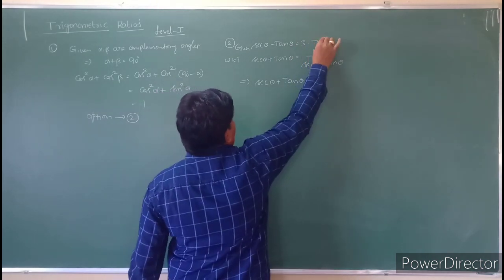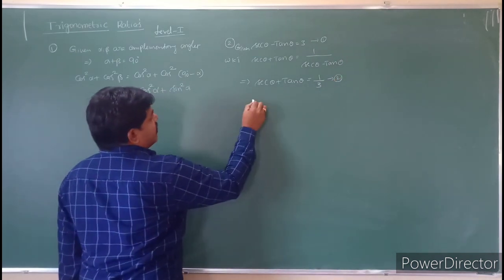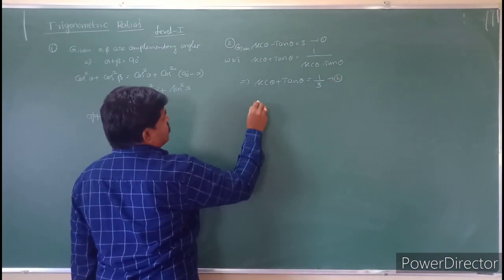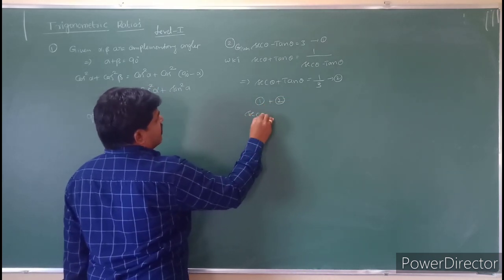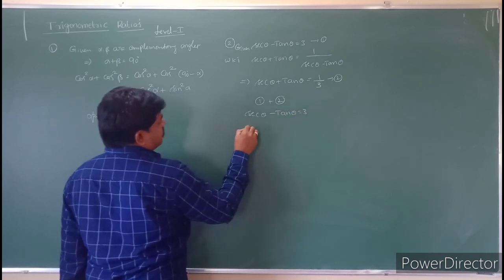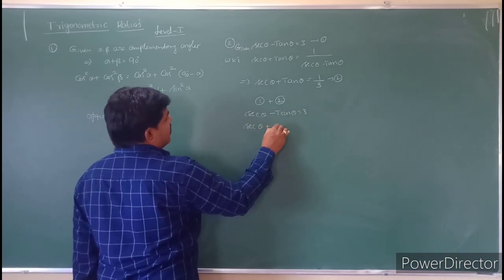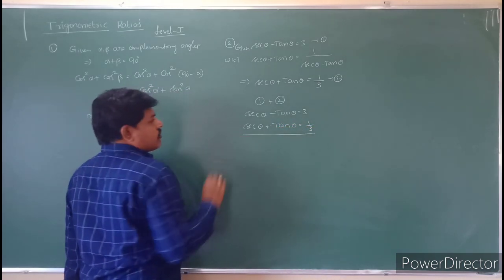So this is equation number 1 and this is equation number 2. I will add these two, 1 plus 2. Secant theta minus tan theta is equal to 3 and secant theta plus tan theta is equal to 1 by 3. So what happens, students?